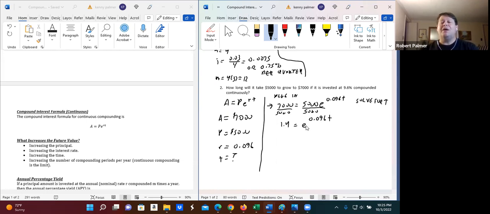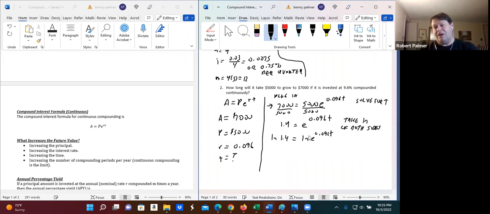The way to undo the exponential, specifically this one, is to use logarithms. Specifically, we're going to take the natural log, which is the inverse of this one, of both sides. So we have the natural log of 1.4, which is just a constant, is equal to the natural log of e to the 0.096t.